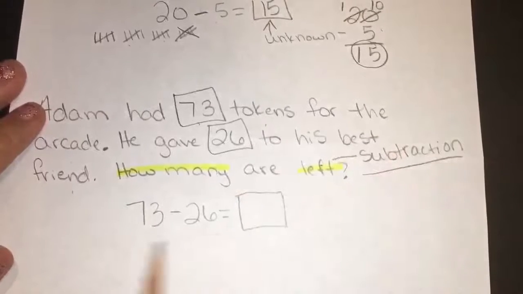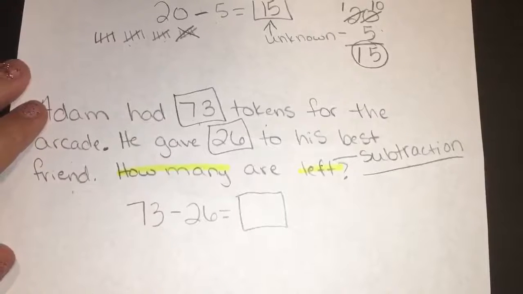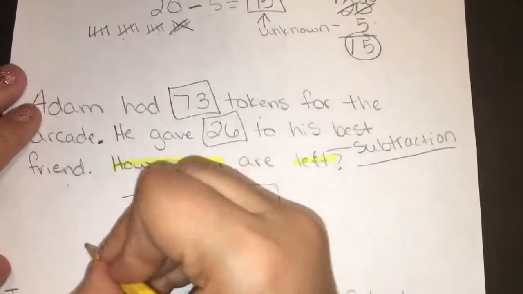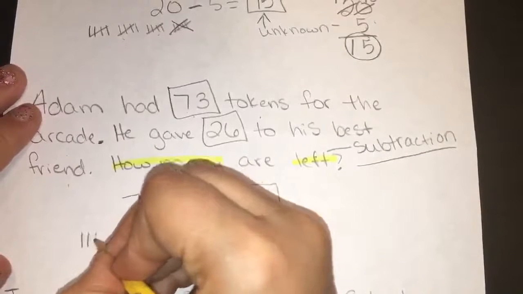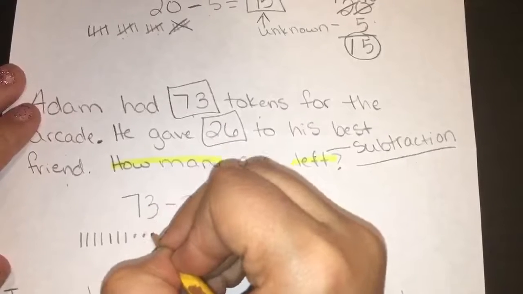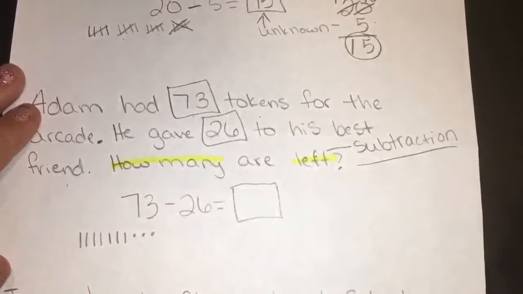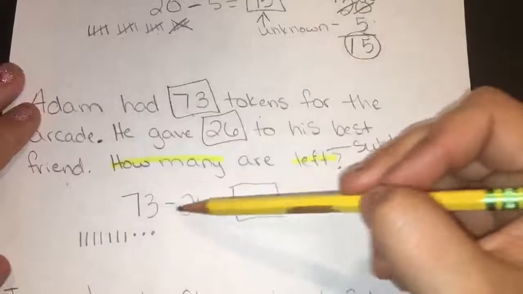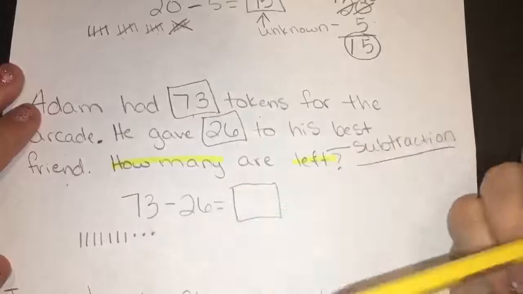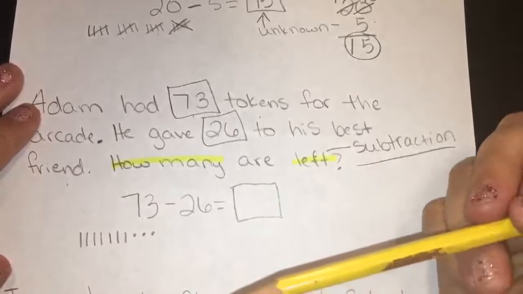Okay, now let's draw our picture. In this case, we can do our tens and ones again. So 1, 2, 3, 4, 5, 6, 7, and 1, 2, 3. Now, with this one, we want to take away 26 from 73.